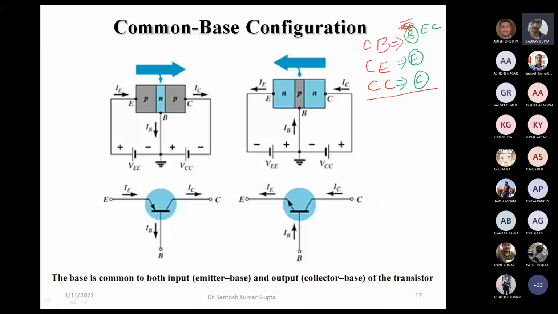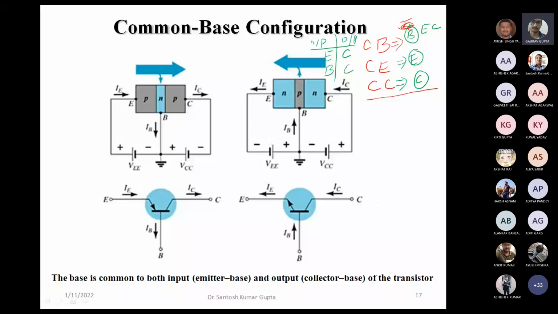In the common base, input is given at emitter. Okay, so we can write here input and output. So input is given at emitter and output is taken at collector. In common emitter, input is at base and output at collector.